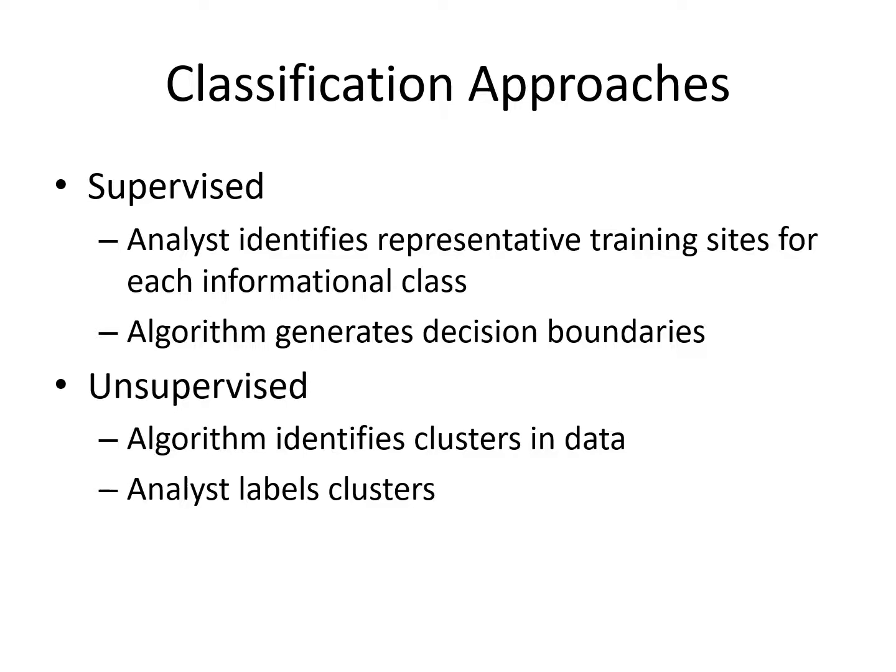You tell it something in the order of the number of classes you'd like. It tries to find them, and then it asks you the important question, what is this? And oftentimes that means you need to go back and add things together. Sometimes you have to go back and tell it you need more classes because things that are obviously different to you are showing up as the same thing.